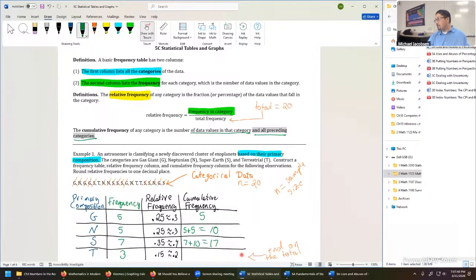We have to take the number of data values in that category once again. That would be 3. Then all preceding categories, that'd be adding all these together. But we've done that. We know it's 17, so we can use those two values. 3 plus 17 comes out as a 20.